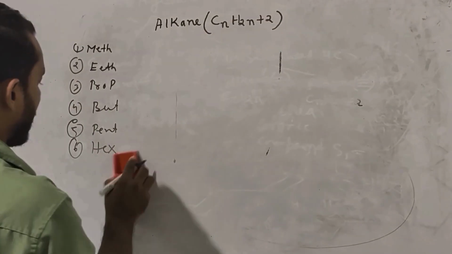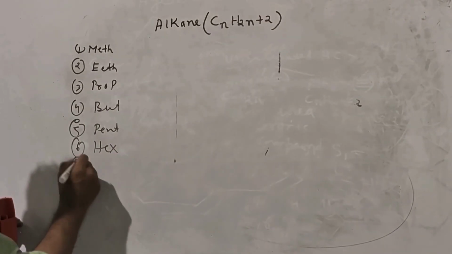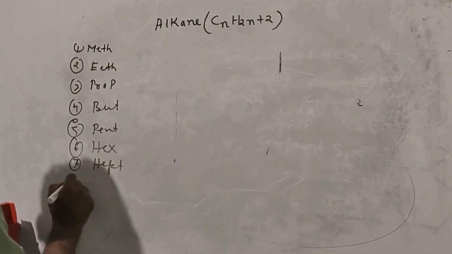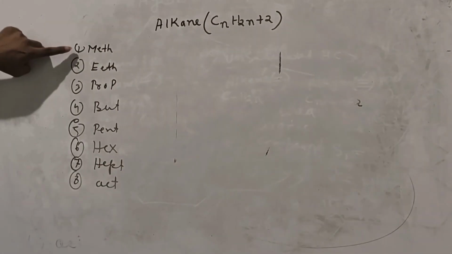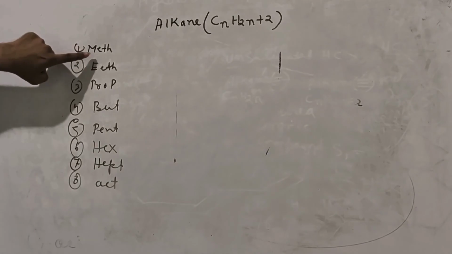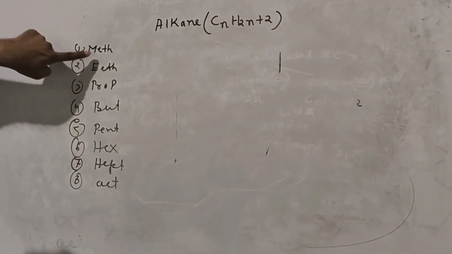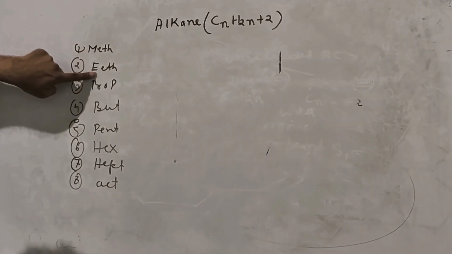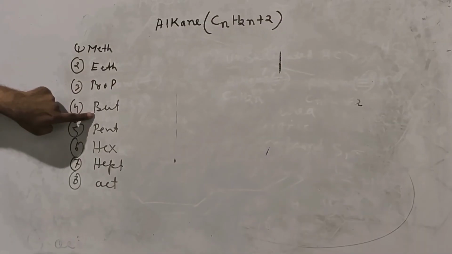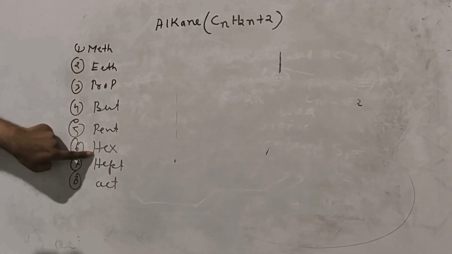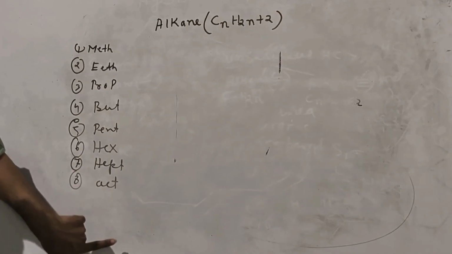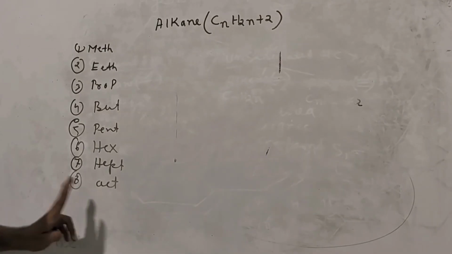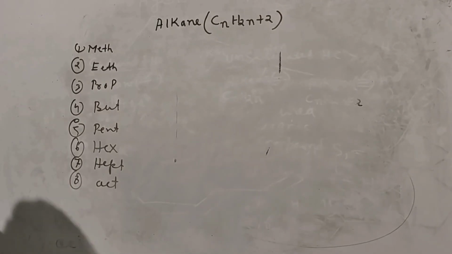If 7, then hept. If 8, then oct. For 9, non, and for 10, dec. Like this it will go on.